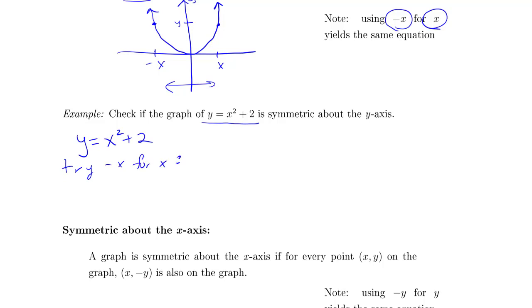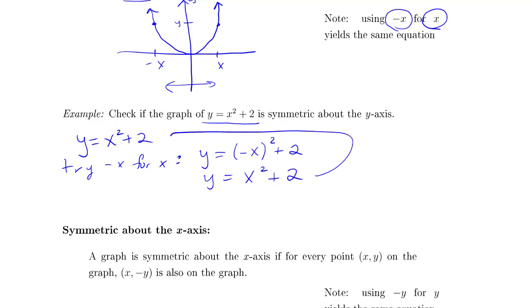So y is negative x squared plus 2. But when negative x gets squared, I get x squared. And so I get x squared plus 2, which is the same as the original. So I know it's symmetric about the y-axis because I used x and negative x and they gave me the same thing.